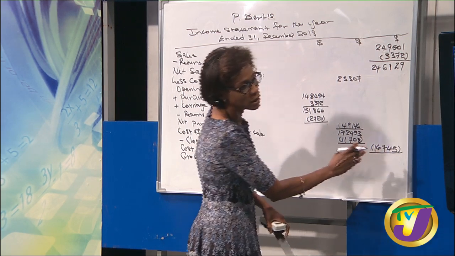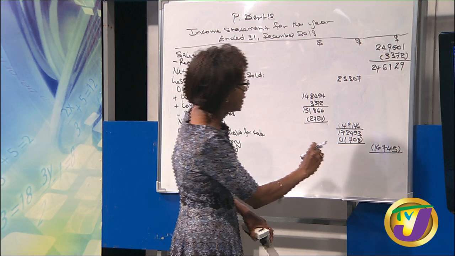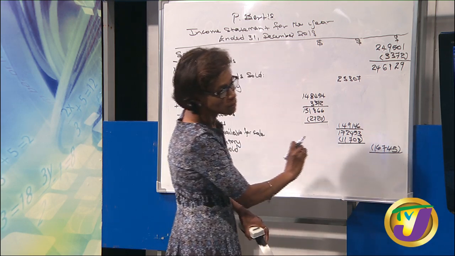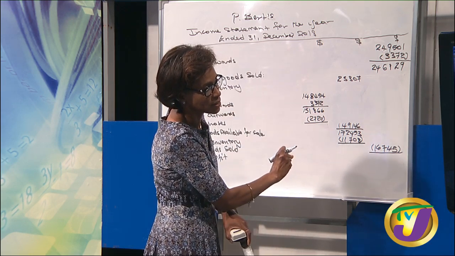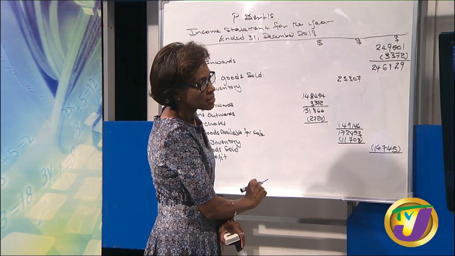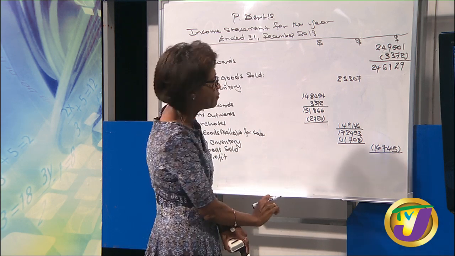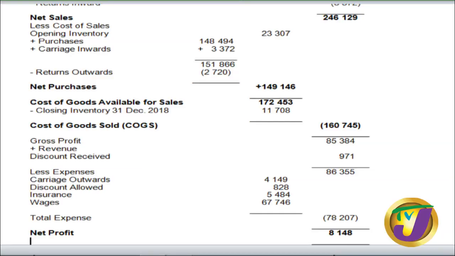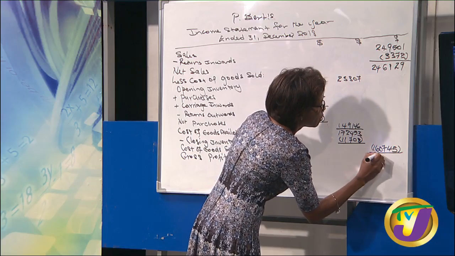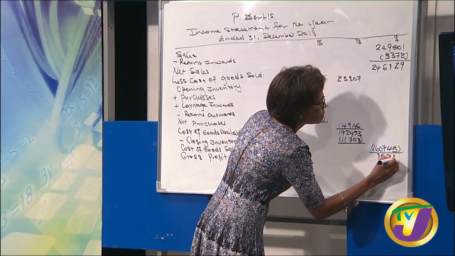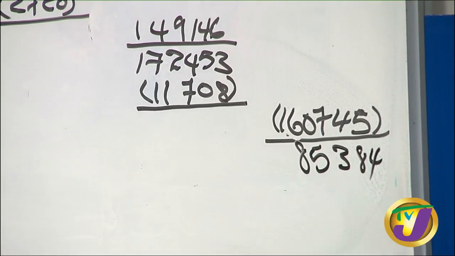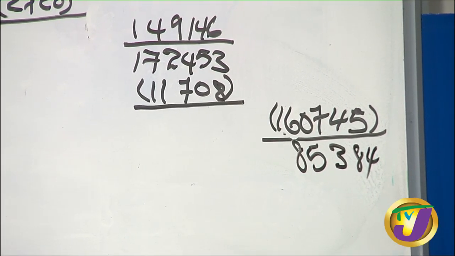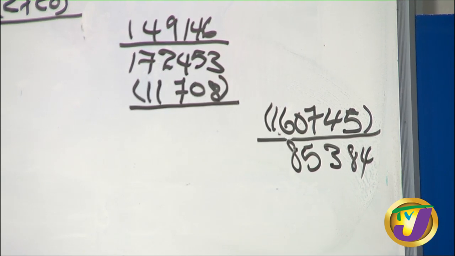When we take away 160,745 from our net sales, we're left with 85,384. And this represents our gross profit.